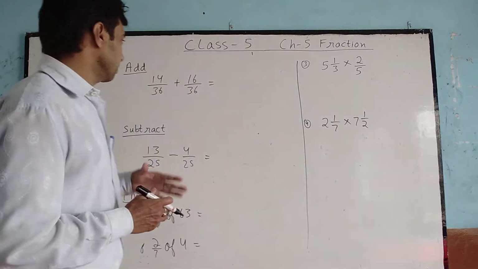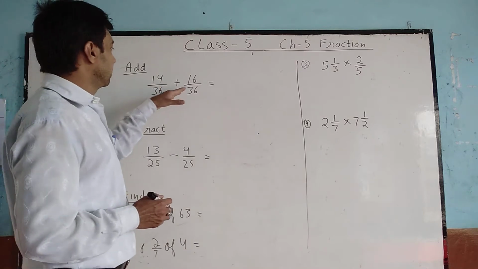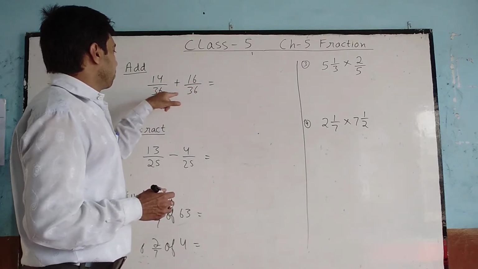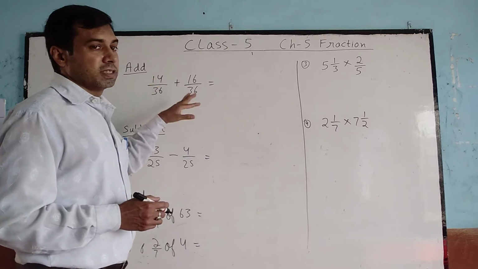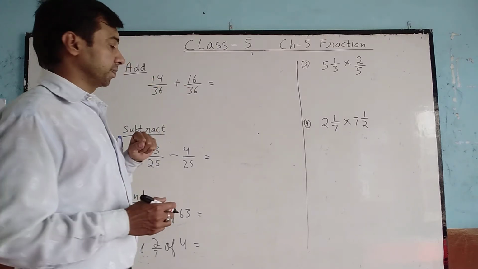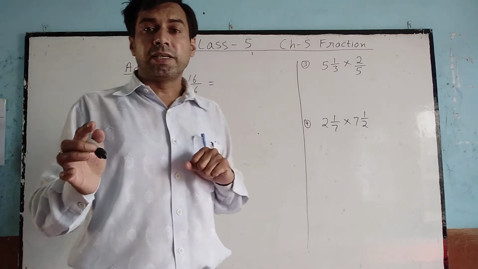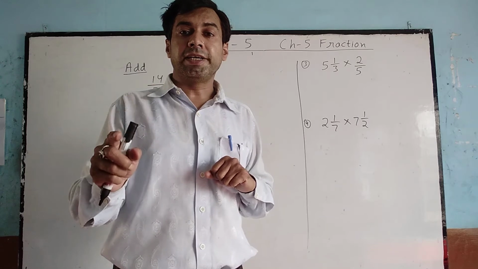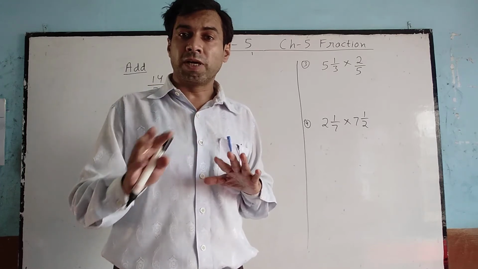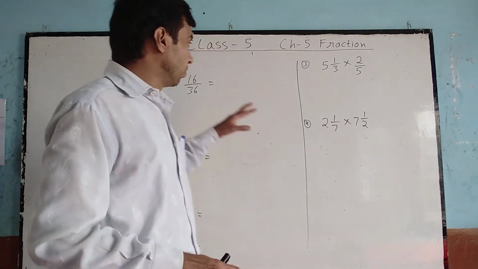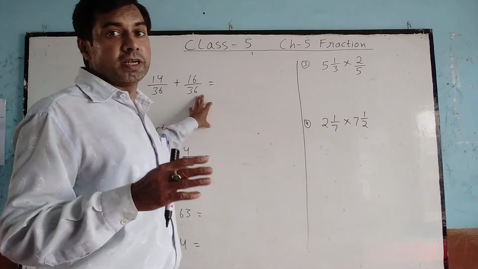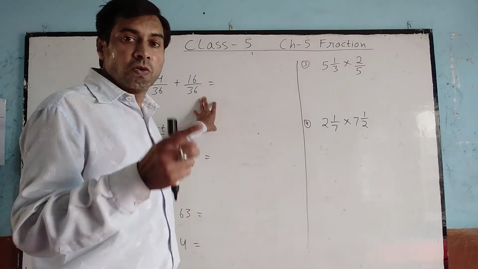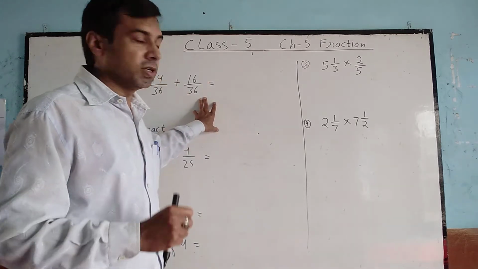Clear? So here 14 by 36 plus 16 by 36. Both sides we have 36, so these are like fractions. We have to see this only in addition and subtraction, not in multiplication and division.